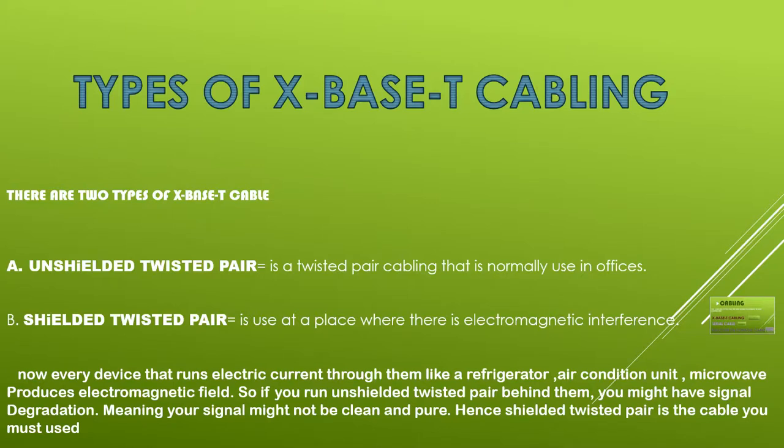Every device that runs electric current through it, like a refrigerator, air conditioner unit, or microwave, produces electromagnetic fields. So if you run unshielded twisted pair behind them, you might have signal degradation, meaning your signal might not be clean and pure. Hence, shielded twisted pair is a cable you must use.